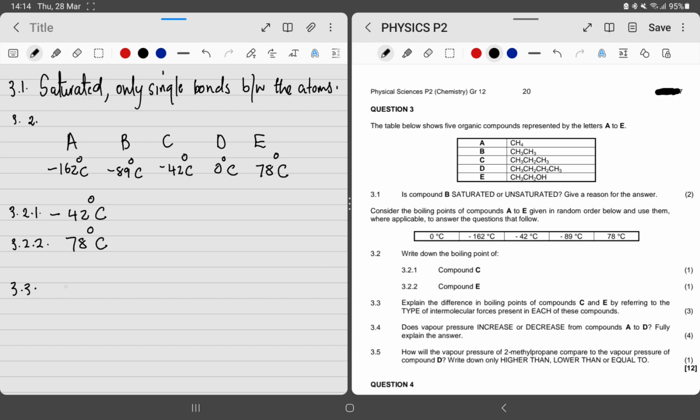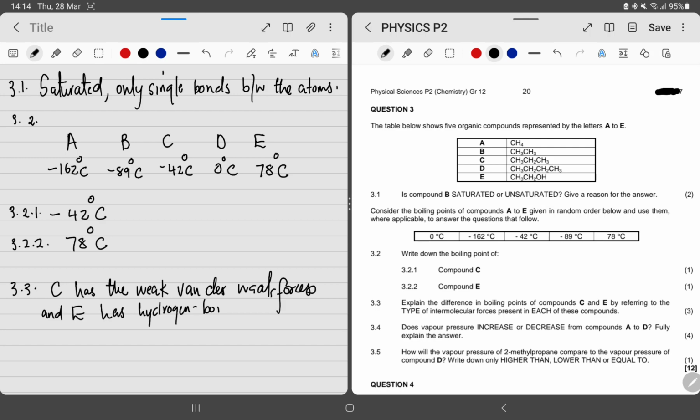So we are going to say C has the weak van der Waals forces, and E has hydrogen bonds in addition to the van der Waals forces.